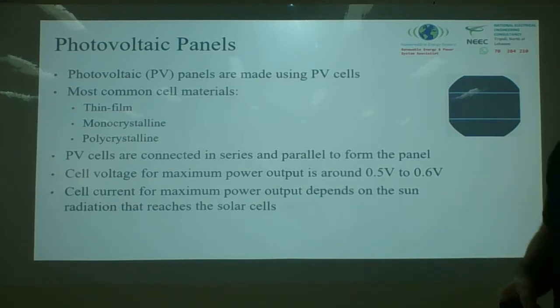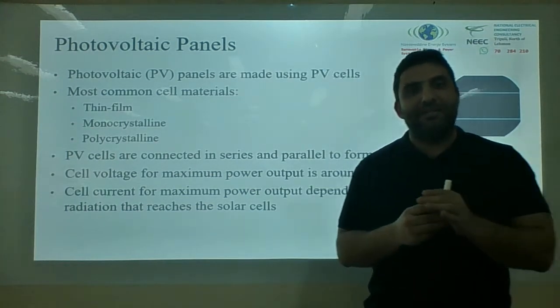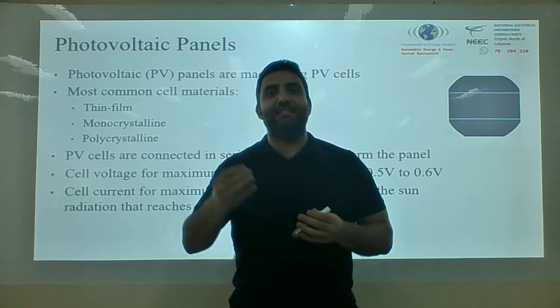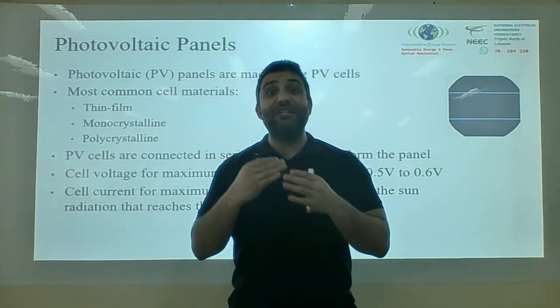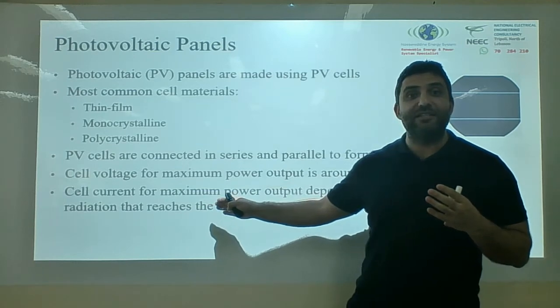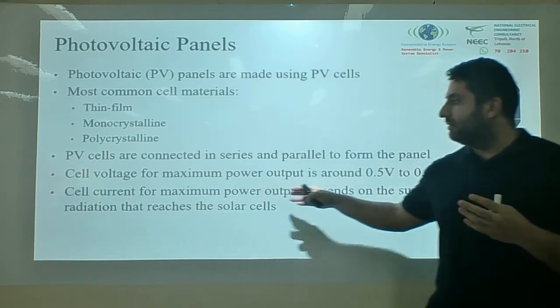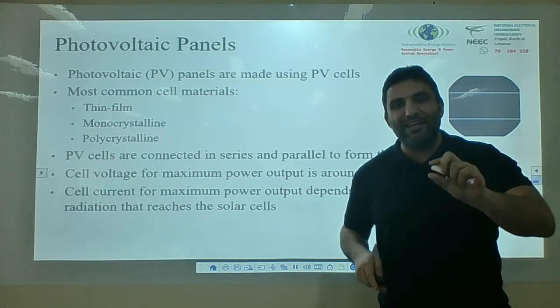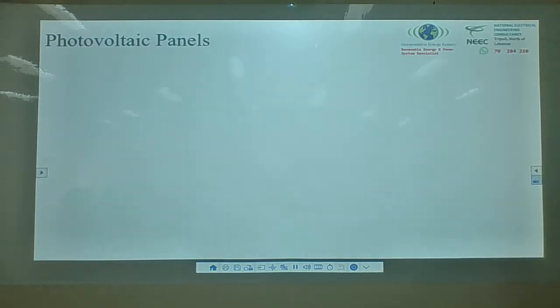For the cell current, for maximum power, the solar cell uses the sun radiation as an input. So based on the sun radiation, I will have my solar cell current. And you will see the voltage is almost very close to the same value.